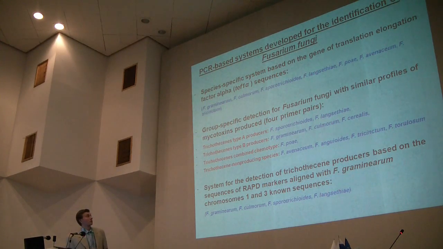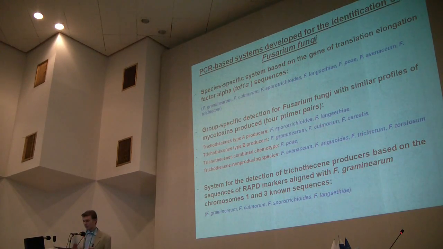All species analyzed were divided into 4 main chemotypes. Trichothecene type A producers of deoxynivalenol, HT and T2 toxins. Producers of trichothecene type B, nivalenol and deoxynivalenol: Fusarium graminearum, Fusarium culmorum, and Fusarium cerealis.